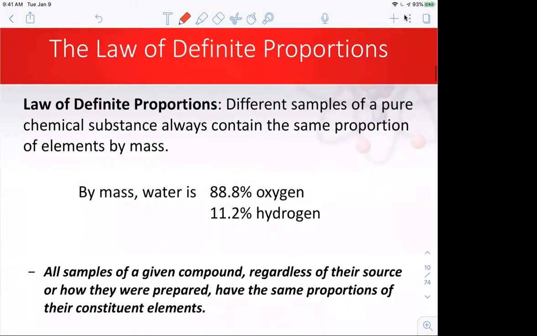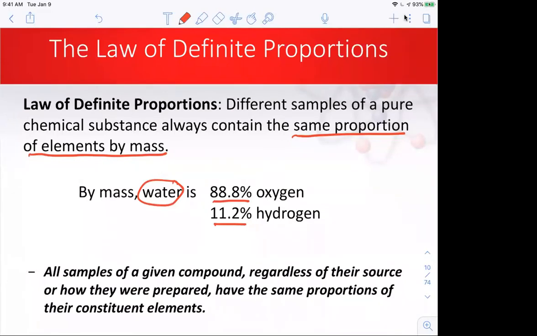The second law we're going to consider is the law of definite proportions. This law states that different samples of a pure chemical substance always contain the same proportion of elements by mass. If I look at water, any sample of water is always 88.8% oxygen and 11.2% hydrogen.